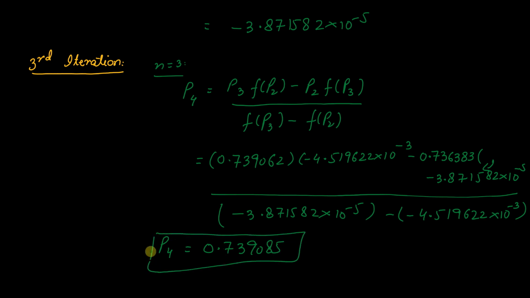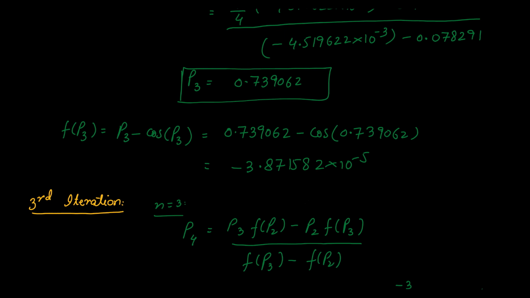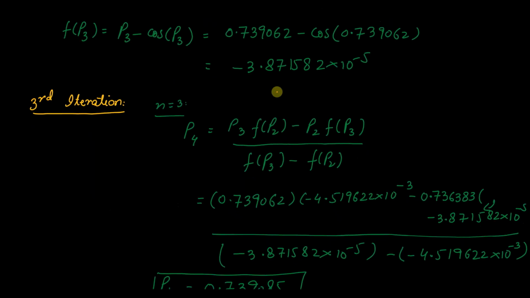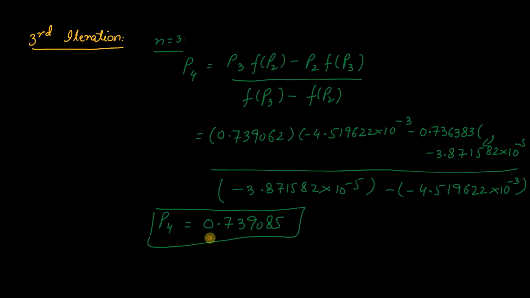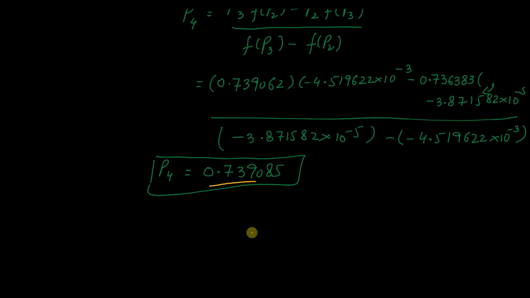So we need to check whether we achieve the accuracy to 4 decimal places or not. So the value of P3 to 4 decimal places is 0.7390, and P4 we have 0.7390. It means that we achieved the accuracy.